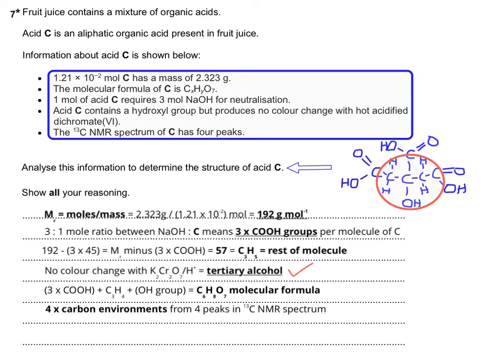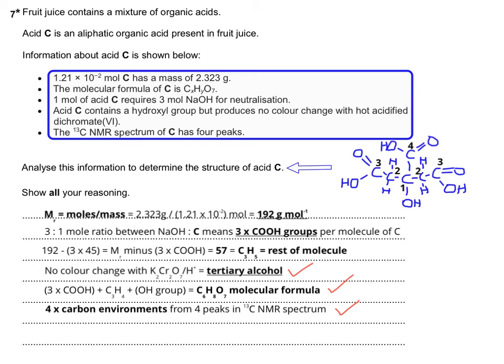So we've now found a way of creating a tertiary alcohol. So we've now arranged our 3 carboxylic acid groups in such a way that you create 4 carbon environments, and also in such a way that it meets the criteria for the molecular formula.